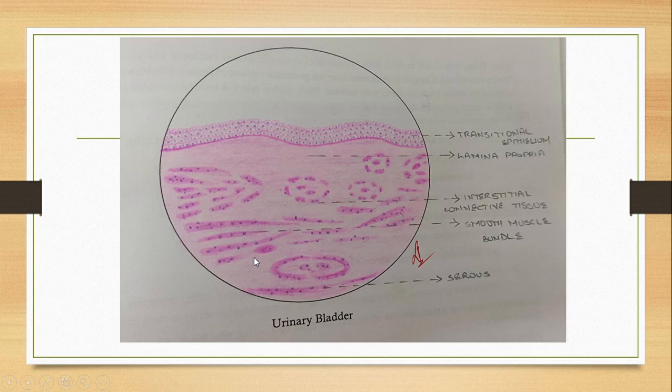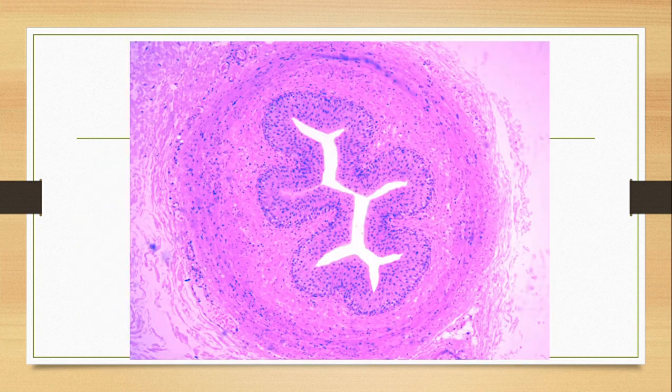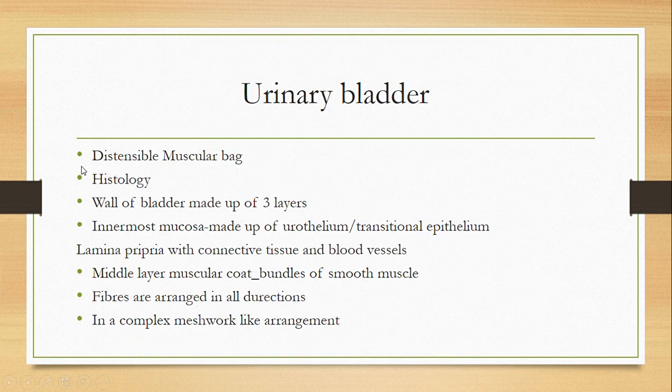So here we will study the features. It is a distensible muscular bag. The wall of the bladder is made up of three layers. The innermost mucosa is made up of urothelium or the transitional epithelium, and the lamina propria with connective tissue and blood vessels. The middle layer is the muscular coat, bundles of smooth muscle, with fibers arranged in all directions in a complex meshwork-like arrangement.